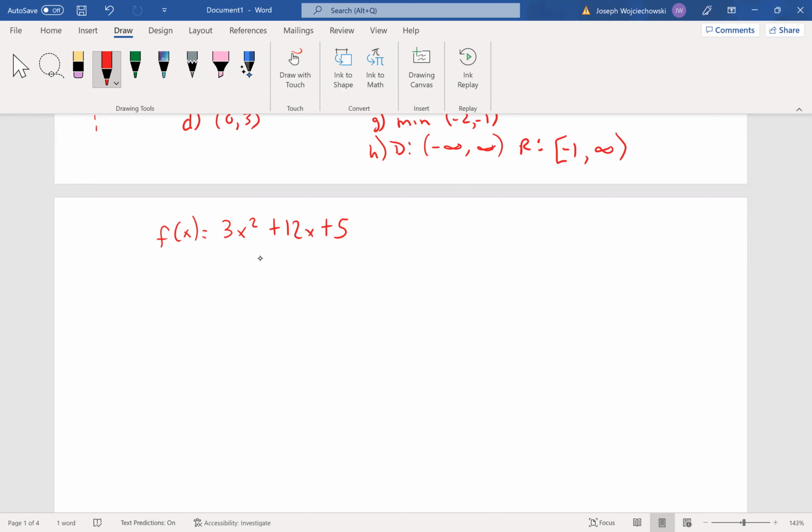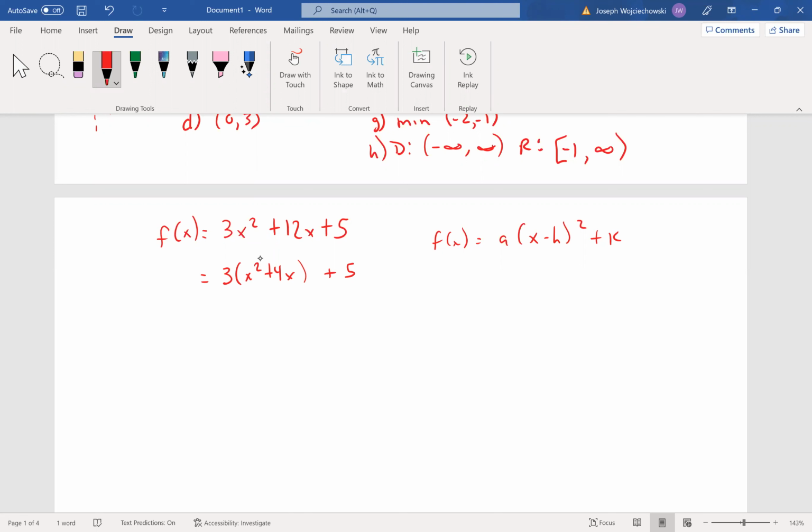What we want to do is write the equation in the form f of x equals a times x minus h squared plus k. So I can do this: 3 times x squared plus 4x plus 5, right? Not quite what I'm looking for, but it's closer.